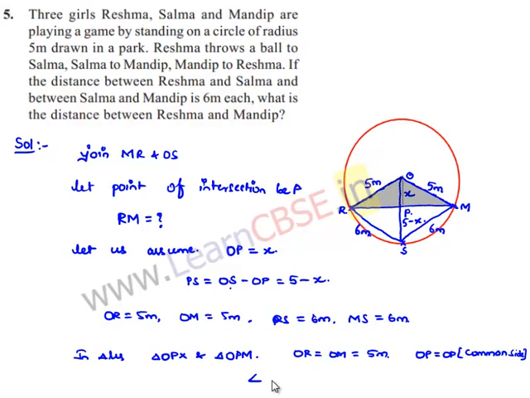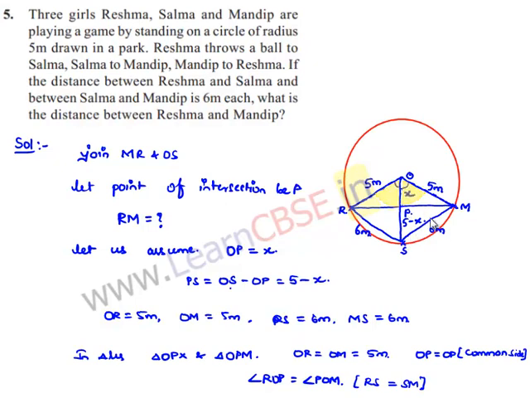Angle ROP is equal to angle POM, since the equal chords MS and RS subtend equal angles at the center. Since chord RS is equal to chord SM, the angles formed here, POM and POR, are formed by arcs of the same length.